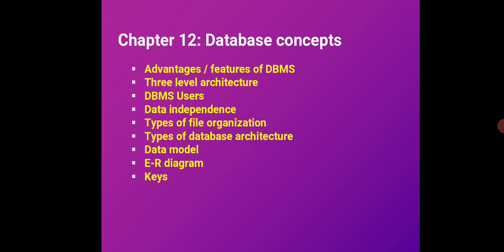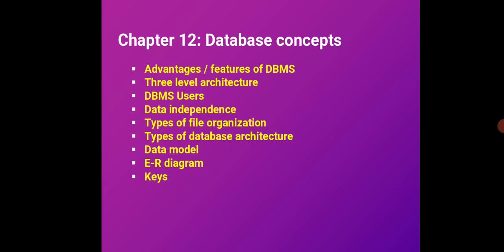Next is DBMS users: database administrator, database designer, application programmer and end user. Next is data independence. Okay, data independence is divided into 2 types: logical data independence and physical data independence.